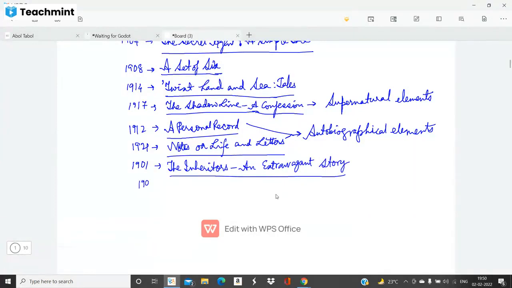And in 1903, he collaborated with another modernist, Ford Madox Ford, in writing a novel called Romance, a Novel. Here he collaborated with a famous modernist whose name is Ford Madox Ford.